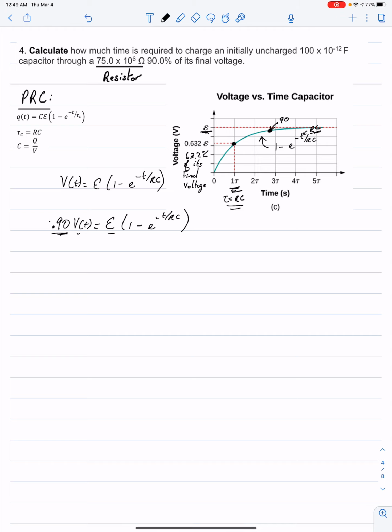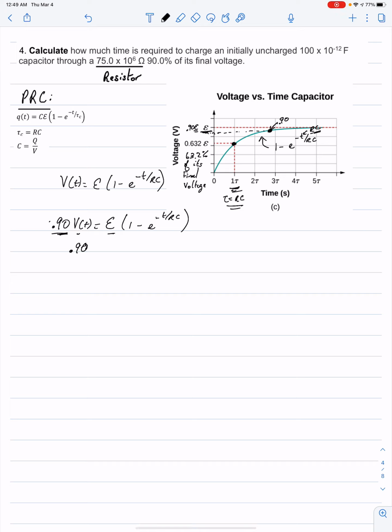And you need to find out the time that it takes to get 0.90 times EMF. Okay, so this is a ratio.